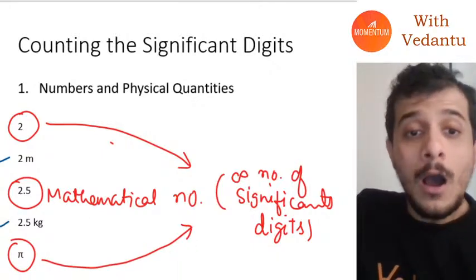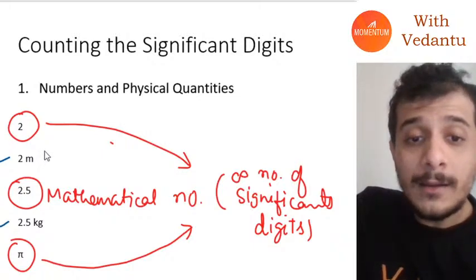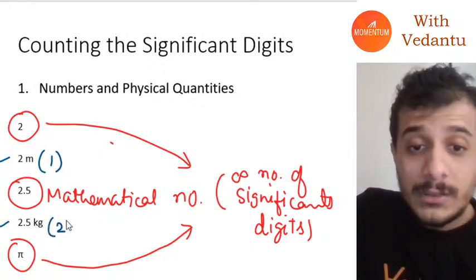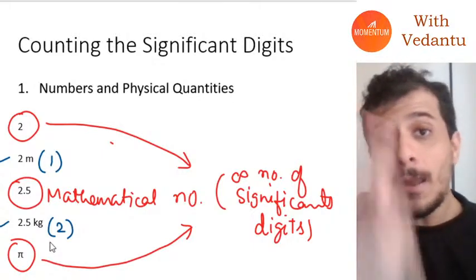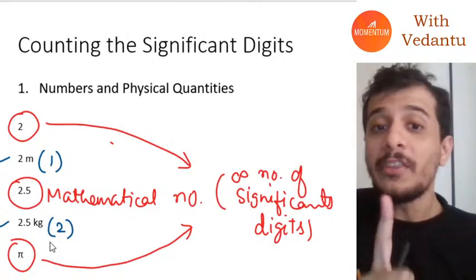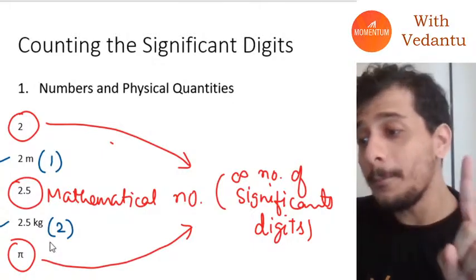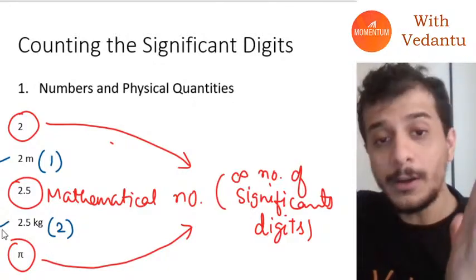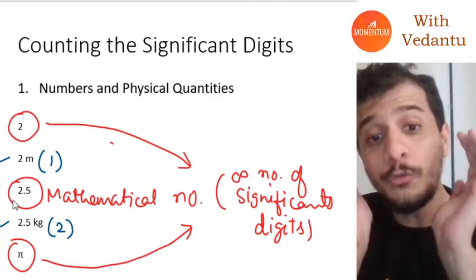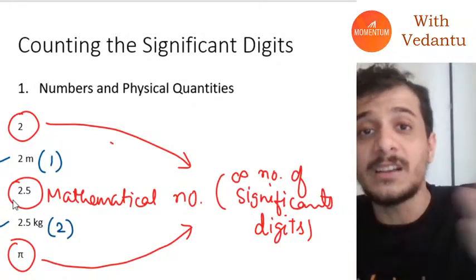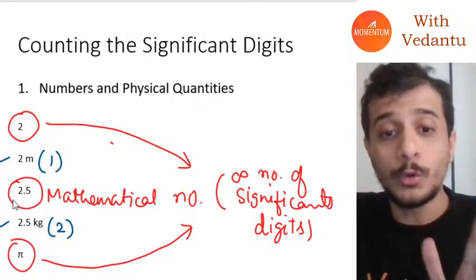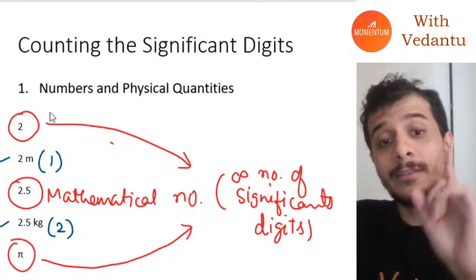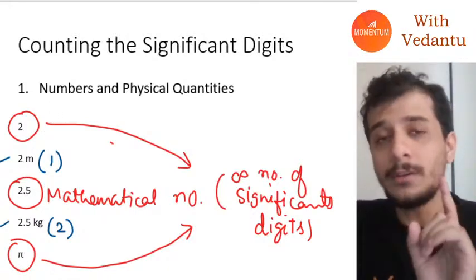But if I ask how many significant digits 2 meters has, it has one, and 2.5 kg has two. Mathematical numbers are different from physical quantities, and both have different rules. So we are going to stick to physical quantities, things that we measure using instruments, like length, time, temperature. Those have significant digits, and those are the numbers we are going to talk about.